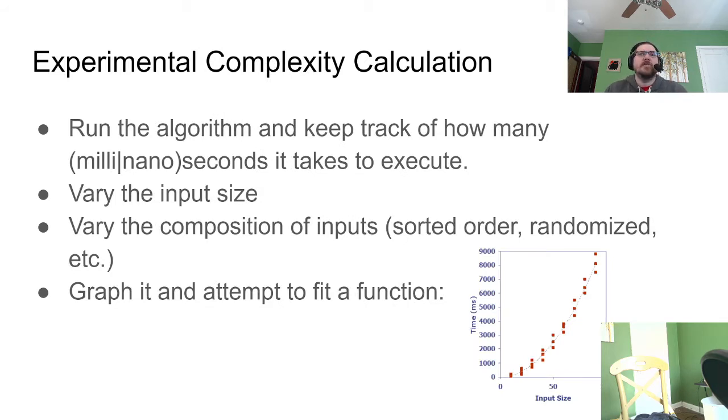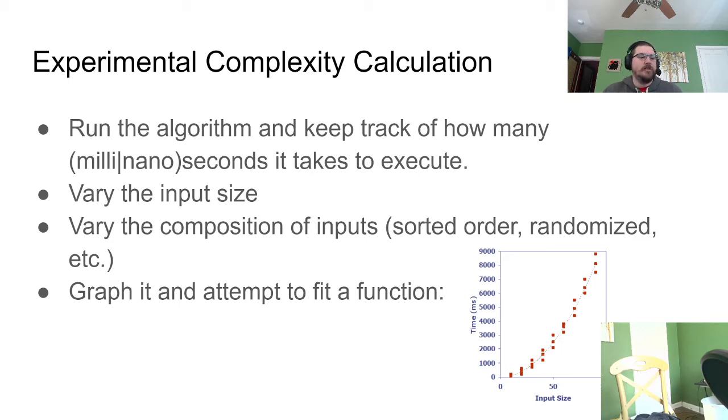We're going to talk mostly about time complexity. We will occasionally talk about space complexity. You'll be expected to be able to reason about both, but we are chiefly concerned with time complexity.